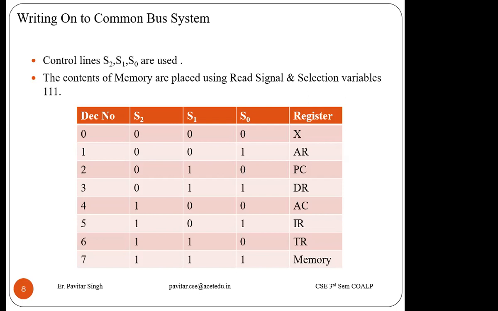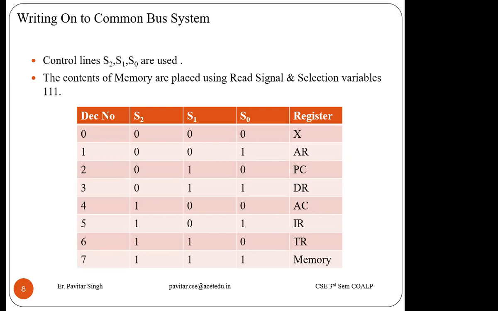Similarly, the contents of memory are placed using the read signal and the selection variables having the value 111, because its decimal value is 7, right? By enabling the read input, the contents of memory will be placed onto the common bus system. You can see the table given in front of you in the PPT, right?